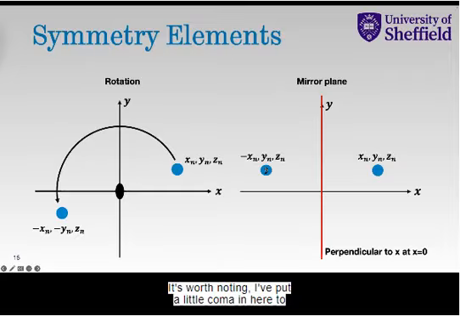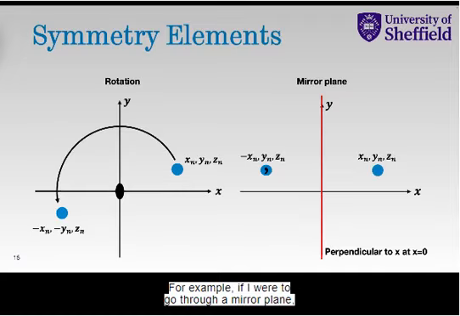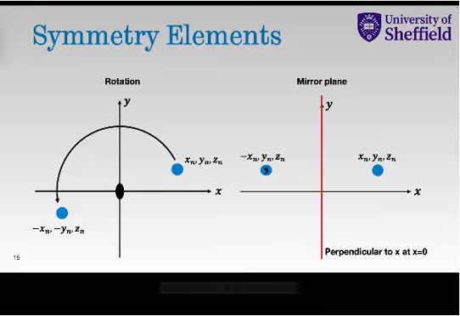It's worth noting I've put a little comma in here to show that basically I flipped the inversion, as we saw with, for example, something that has a handedness to it, right and left-handed. If I were to go through a mirror plane, it would make everything that was right-handed, left-handed, and vice versa.